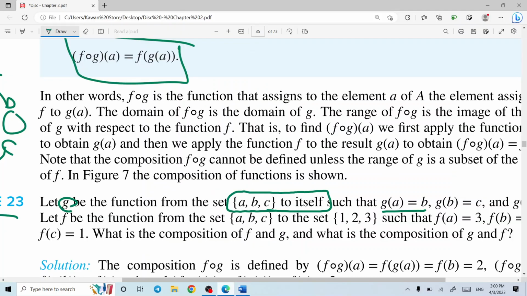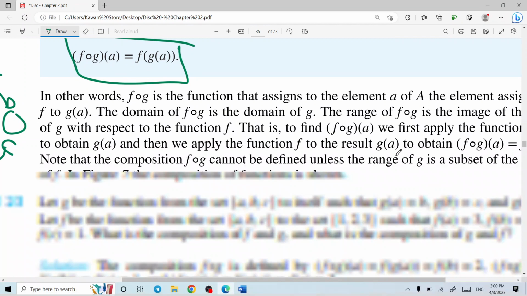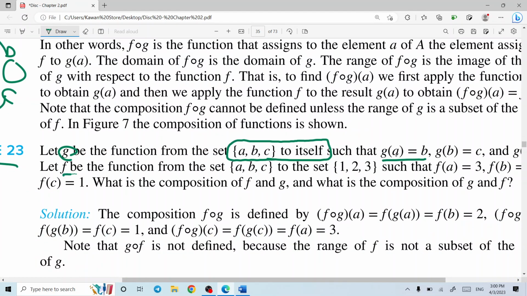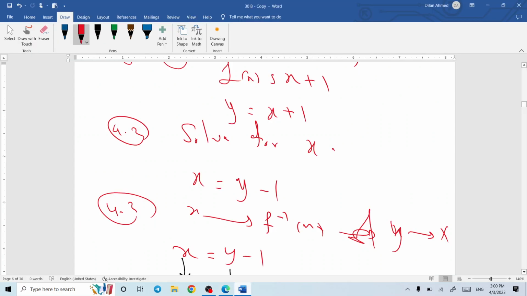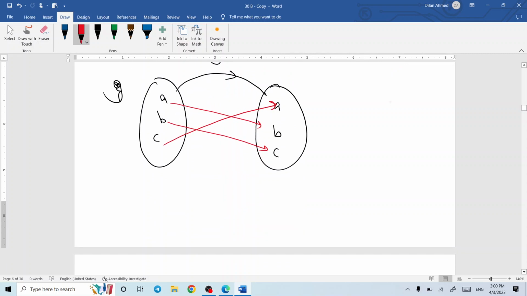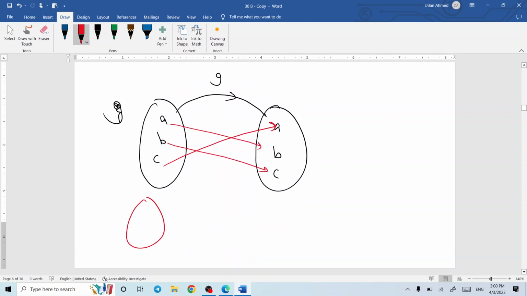Okay. And every function from {A, B, C} to what? To {1, 2, 3}. So again, from {A, B, C} to where? You can say from A, B, C to 1, 2, 3.